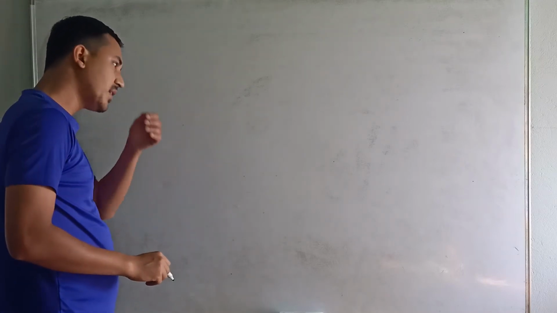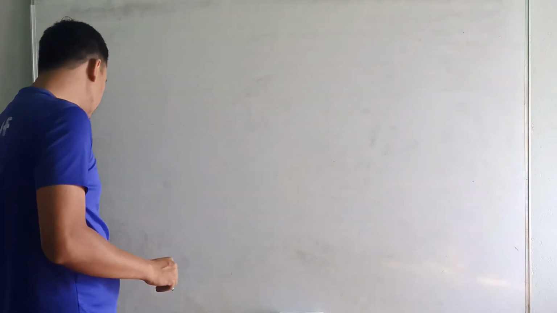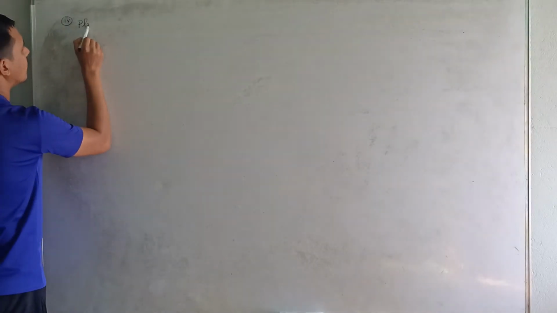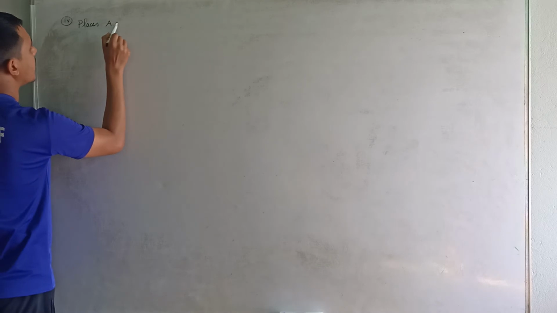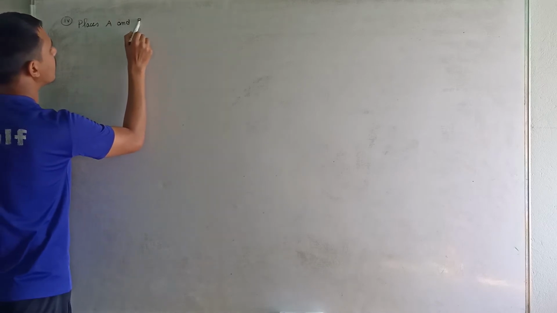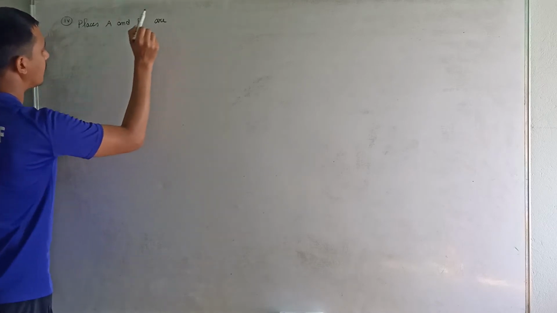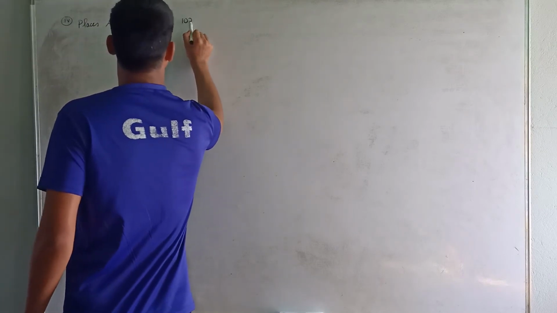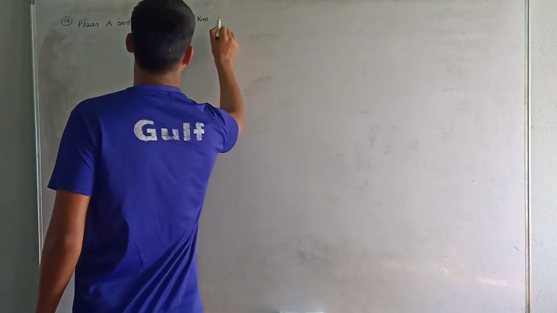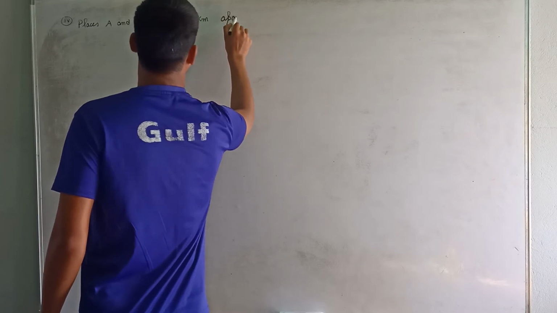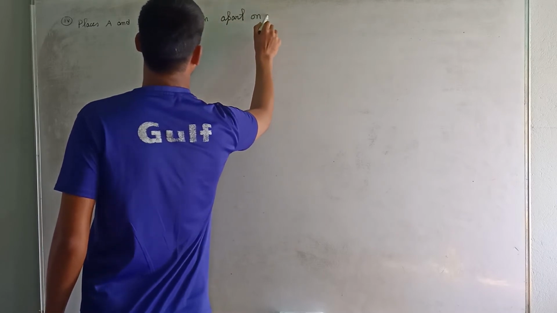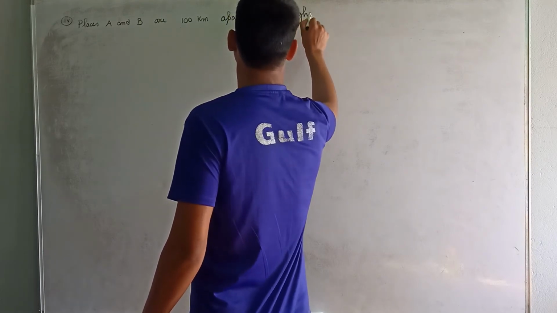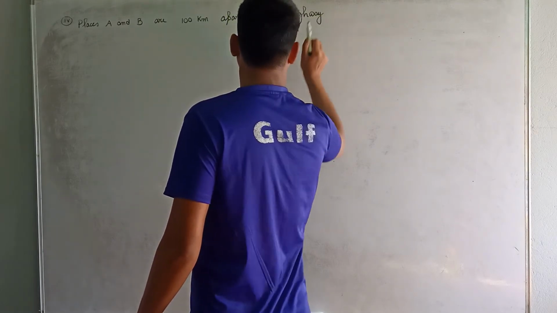Places A and B are 100 kilometers apart on a highway.